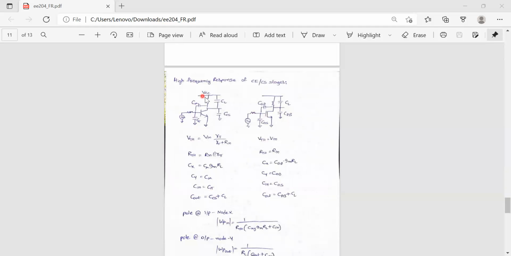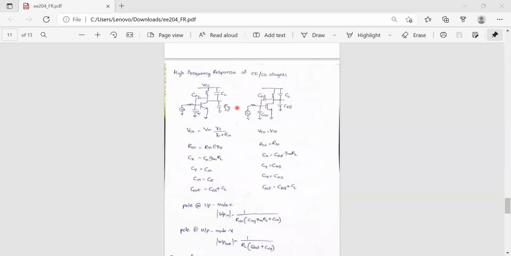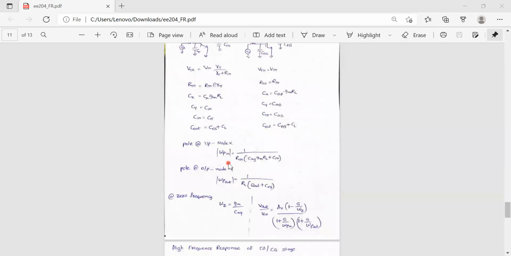This is the high frequency response. There are two structures for the high frequency models, and these are the values of the capacitance and resistance. There is a pole at output. We can find the pole at output and input using 1 by R and C, where R and C are from that point to ground.